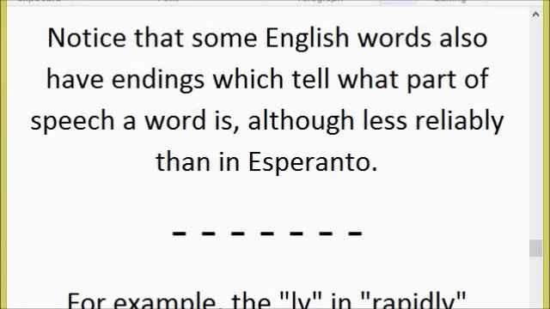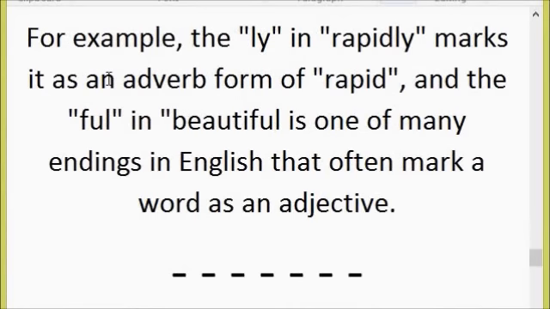Notice that some English words also have endings which tell what part of speech a word is, although less reliably than in Esperanto. For example, the ly in rapidly marks it as an adverb form of rapid, and the full in beautiful is one of many endings in English that often mark a word as an adjective.